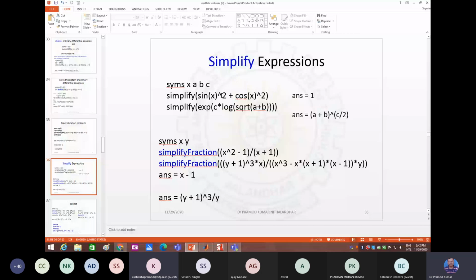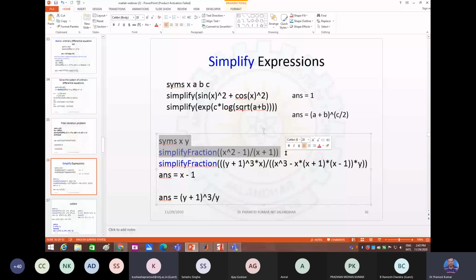Similarly, for any kind of equation, x square minus 1 divided by x plus 1, when you write simplify fraction, then you will get this relation, and when you solve this one, you will get x minus 1.